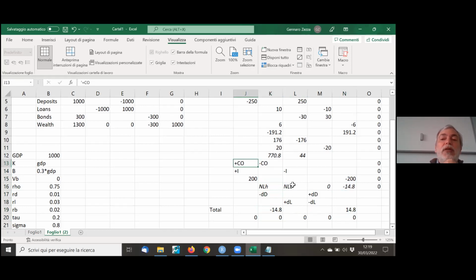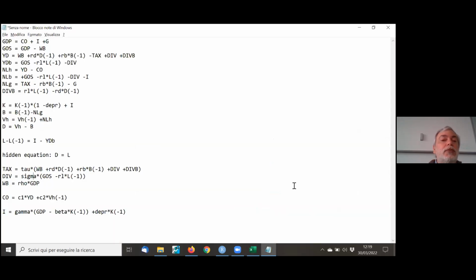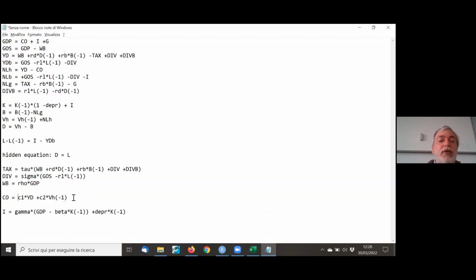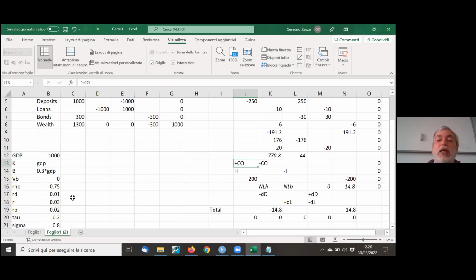Now, consumption, we said, should depend only on these two variables, but this is not so easy to determine, because we want to find values of these parameters which give me a reasonable value for consumption.